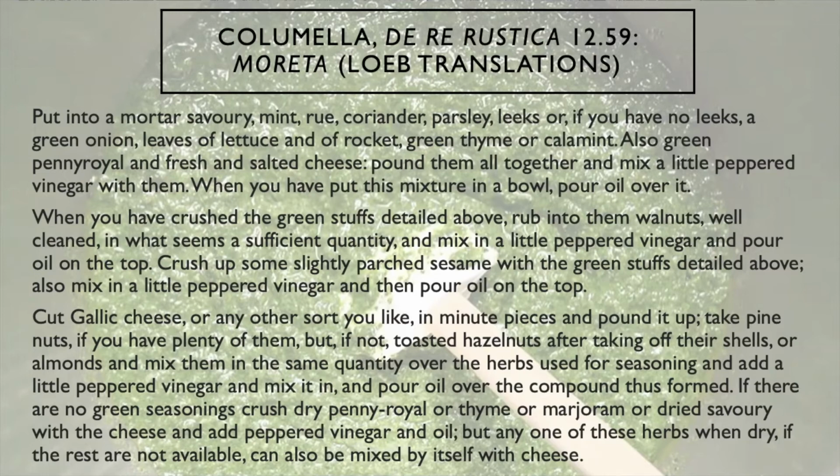So, recipe 1, you put into a mortar savory mint, rue, same as in the Moratum, in the poem, coriander, the same, parsley, then leeks or green onion if you don't have leeks, and then leaves of lettuce and rocket, right? Which was only rocket was the example of the menu not chosen before. And then green thyme or calamint, and also pennyroyal, and fresh and salted cheese.